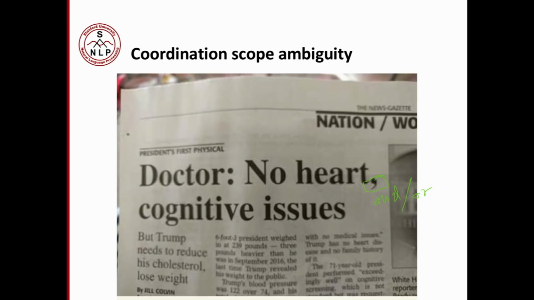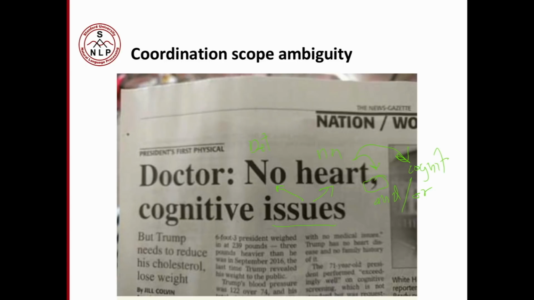Right, so here we have again two possibilities. Either the dependencies of issues is that there are no issues, so that's a determiner, no issues, and then it's like no heart or cognitive issues. So heart is another dependent, a noun compound, heart issues, and we refer to that as an NN dependency, and then it's heart or cognitive.